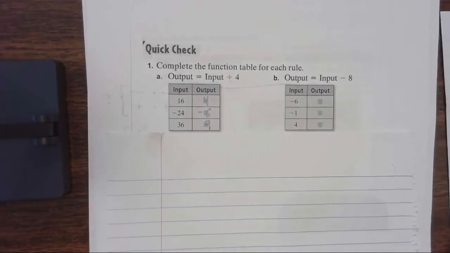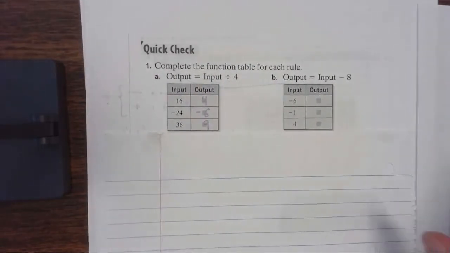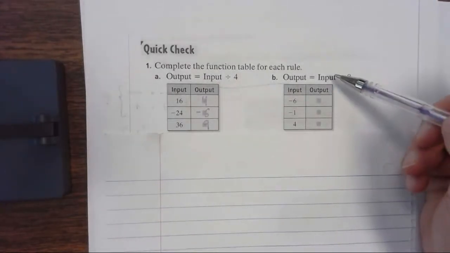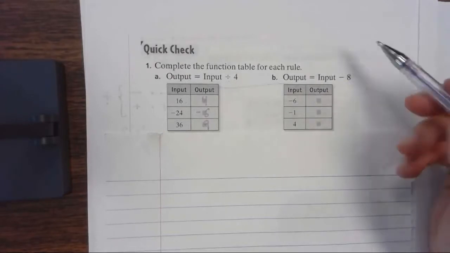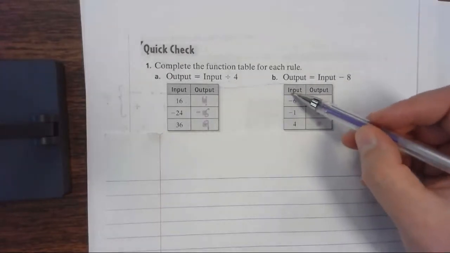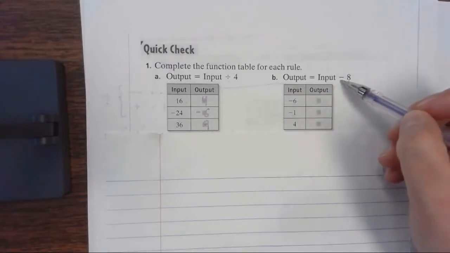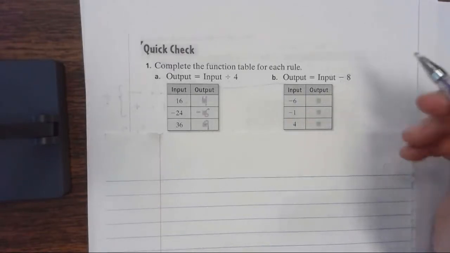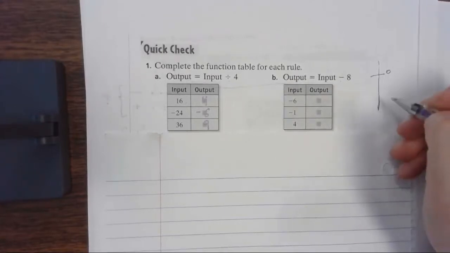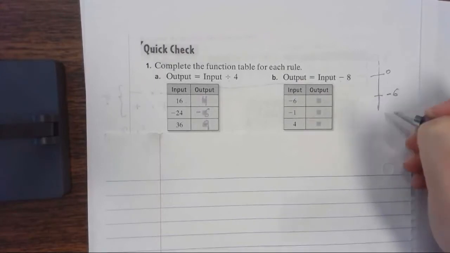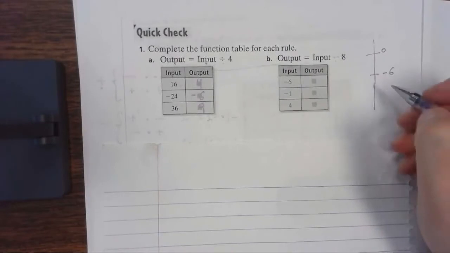Okay, this one is for you. I want you to, well, no, we are going to do it together because they are negative numbers. Okay, so input minus 8. We're going to start with negative 6, let's say, for a temperature. I have negative 6, and then my temperature is going to drop 8.